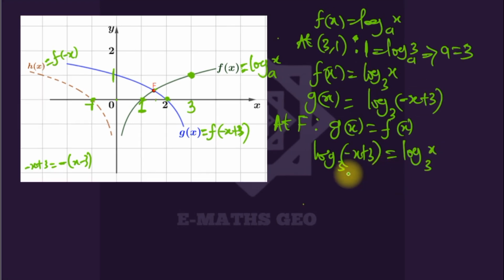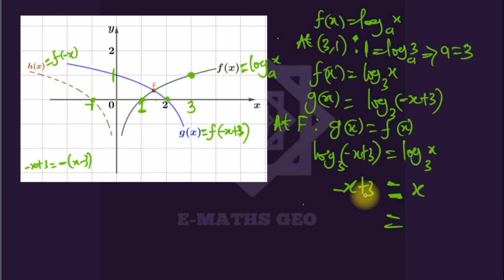You can see we have two log functions with the same base, log base 3. So the numbers must be the same.